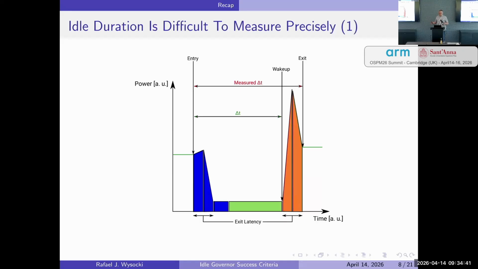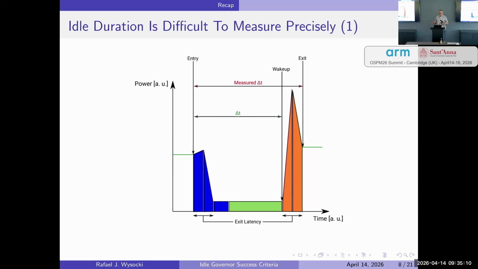Yes, we can measure the time between the point when the idle state is entered and the point when it is exited, because those are two points when the code runs on the CPU, right? So we can snapshot the one and the other and measure the time between them, but that's not the idle duration, because this includes the exit latency.